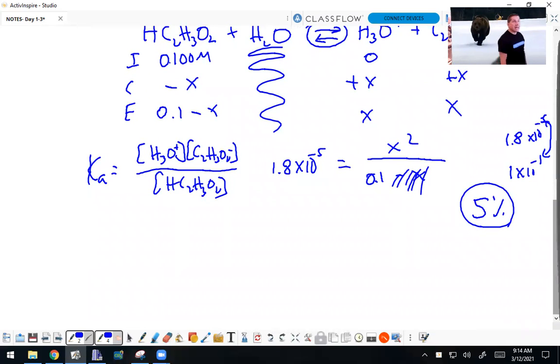If it is less than 5% ionized, in other words, X is less than 5% of 0.1, that means these are really small numbers. This is a valid argument to save us some time with math. Now, normally you'd have to solve the quadratic equation. And if you have a calculator that can do that, then by all means, go ahead and do it.